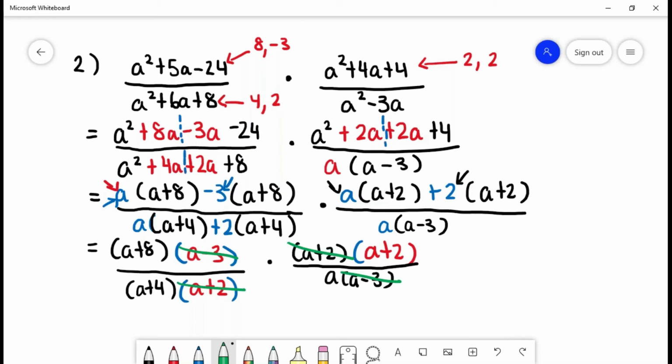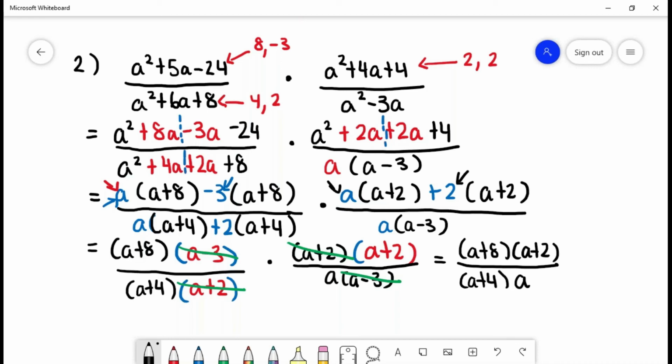And finally, we have nothing else we could cancel out. So I'm just going to write what we have left, which is a plus 8 times a plus 2, divided by a plus 4 times a. And now we are done with the simplification of this rational expression.